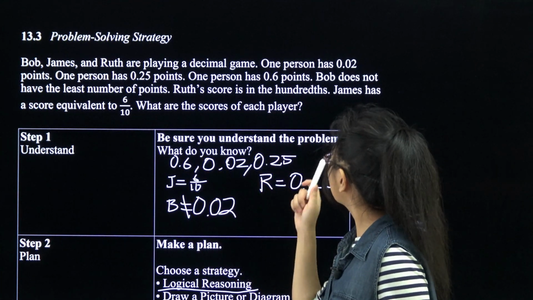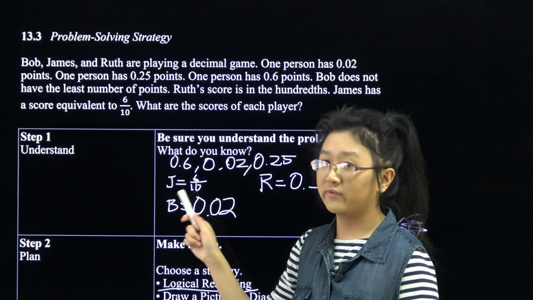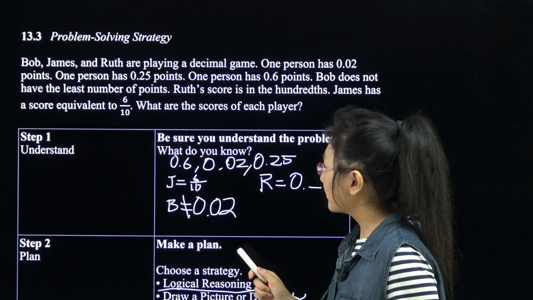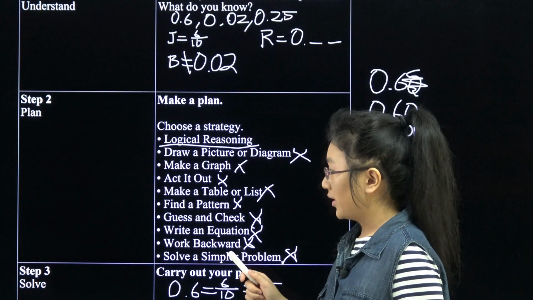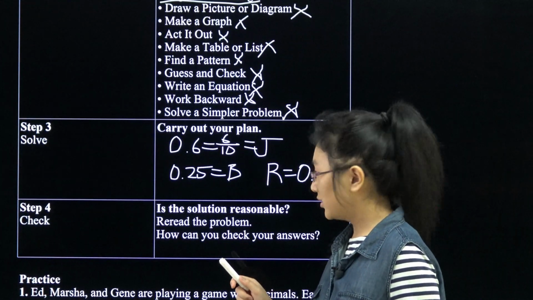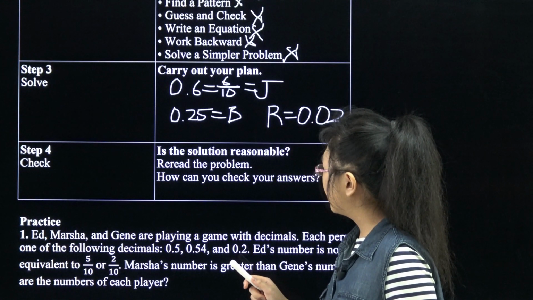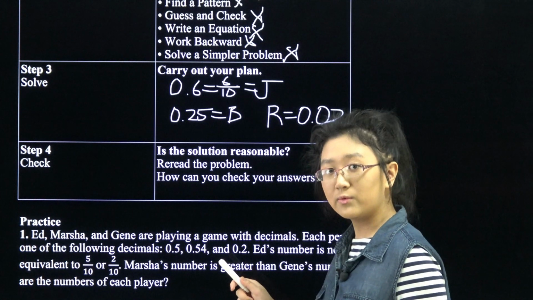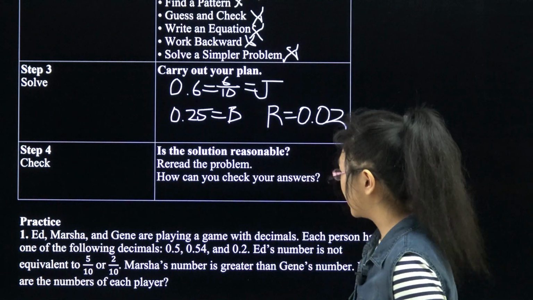Ruth's score is in the hundredth. James has a score equivalent to 6/10. What are the scores of each player? Well, we know that we answered the question, and we got our facts straight. So our reasoning is sound, and our solution is reasonable because our reasoning is sound.